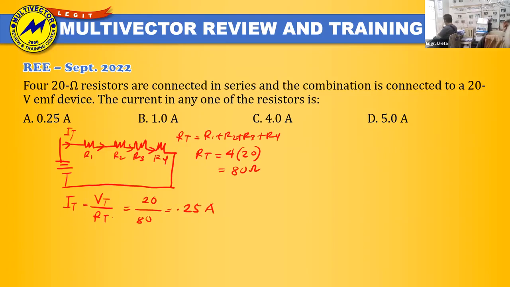Okay, but take note, since series sila, yung total current natin is equal lang dun sa individual current per resistor natin, so I1, I2 until I4. Okay, kaya tamang sagot dito, letter A, so 0.25 ampere. Ayan yung problem number 14 natin.